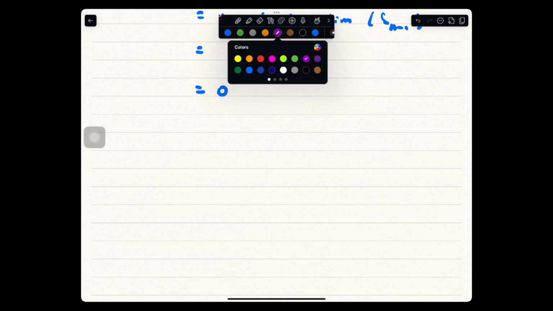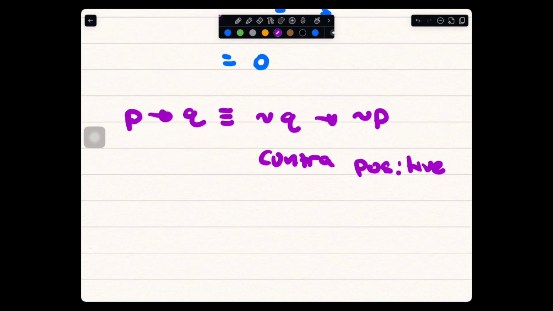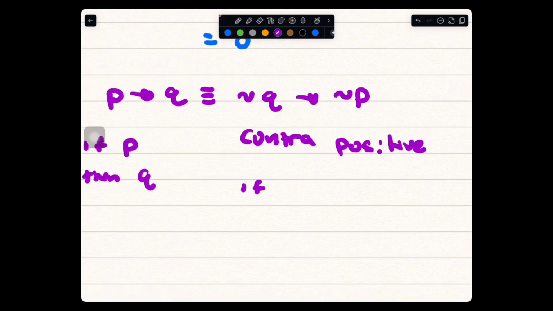Because if you guys recall, every conditional is equivalent to its contrapositive. This is gold. The contrapositive statement, okay? And that's kind of reading it really backwards. This is if P, then Q. Over here, if not Q, then not P. It's called the contrapositive.